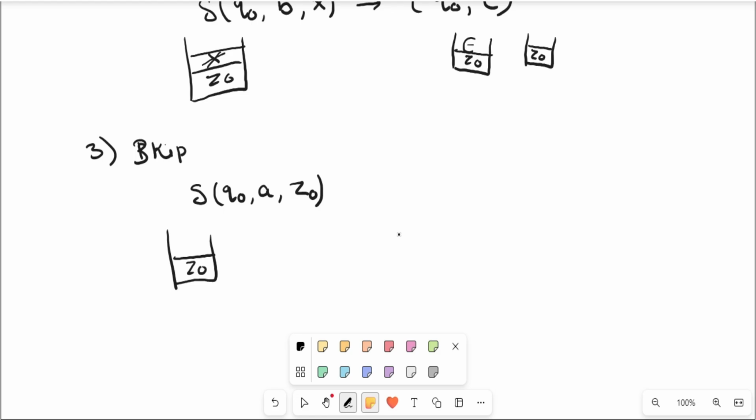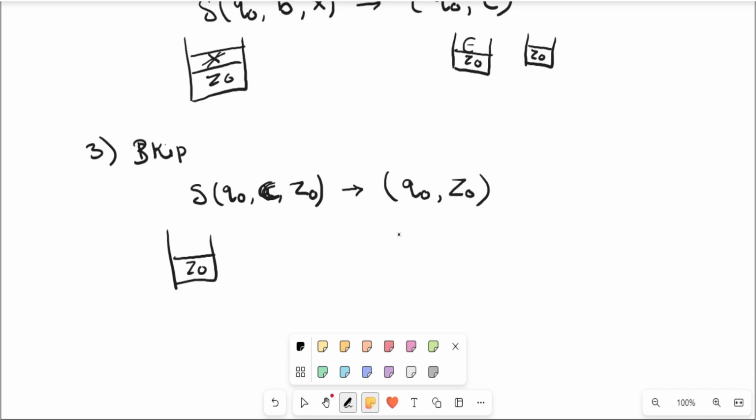For the sake of differentiation, we write c here. If we get c as an input symbol, we just skip that symbol. We do not change state, we just write z0.